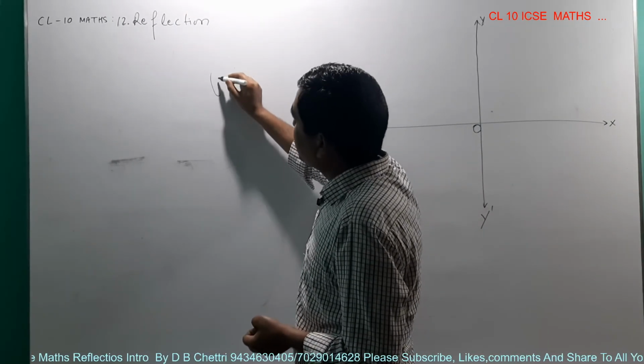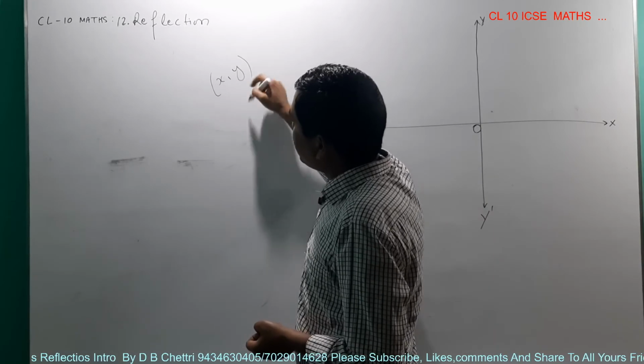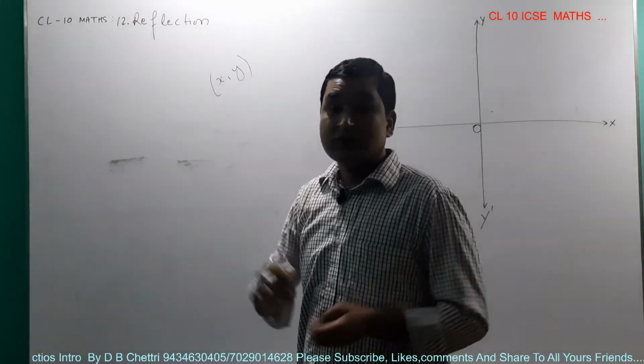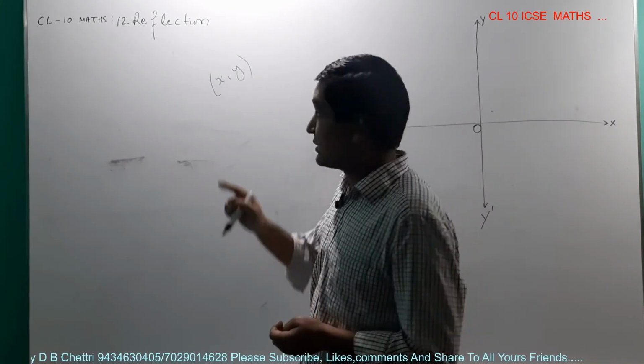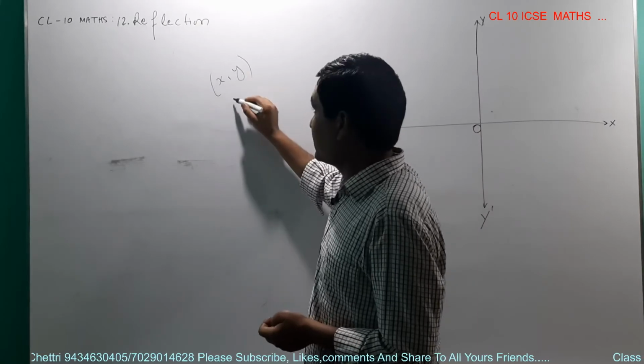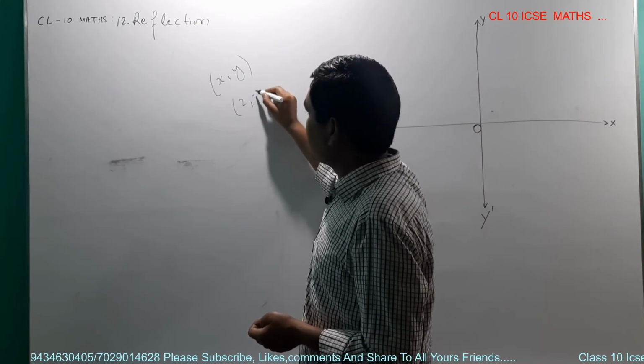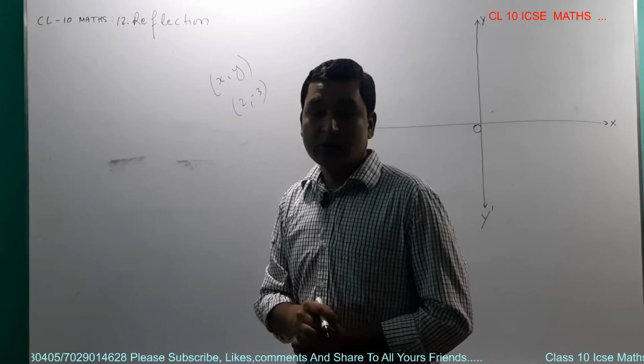When you write the point x, y together by putting a comma in between, it is called a coordinate. While writing the values, always write the value of x first, then y. Suppose x is 2 and y is minus 3, this way you have to write the coordinates.